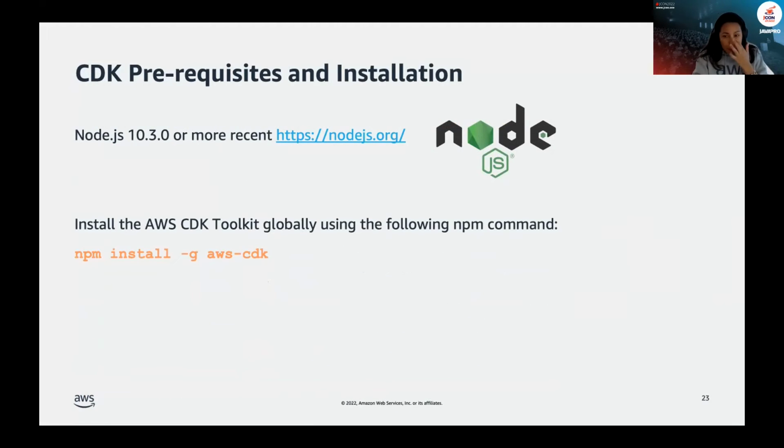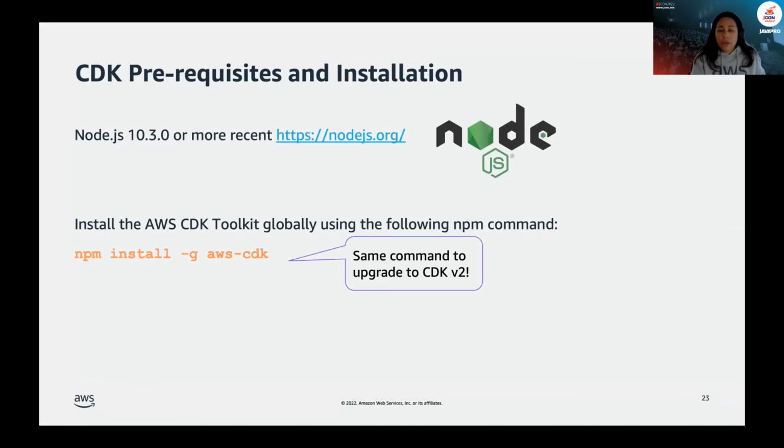You need to install the CDK toolkit, so that includes the command line as well, using this command from the npm package manager. This is the same command that you can use to upgrade to version 2 from version 1. But of course, if you need to have both versions for some reason locally, then don't run this command again globally, because that will overwrite your version 1.